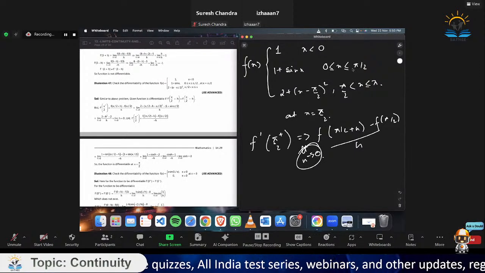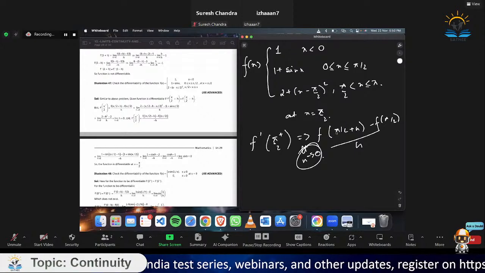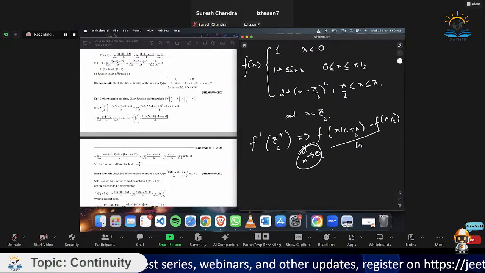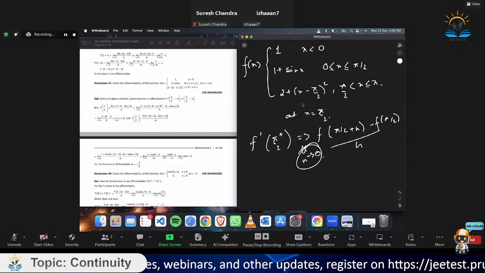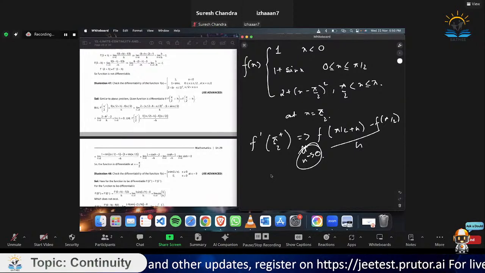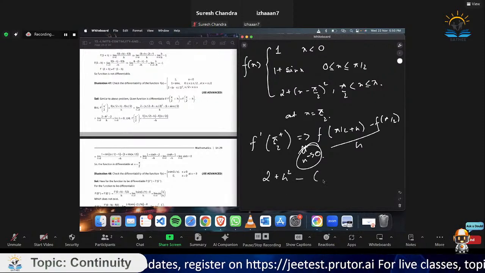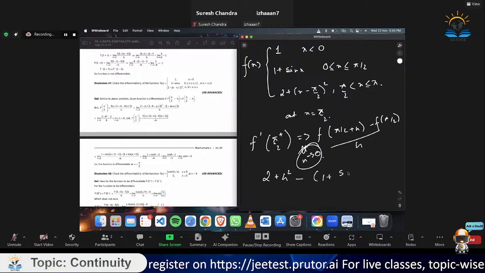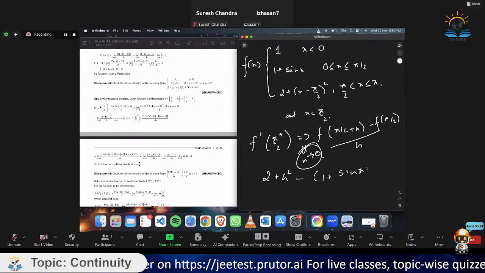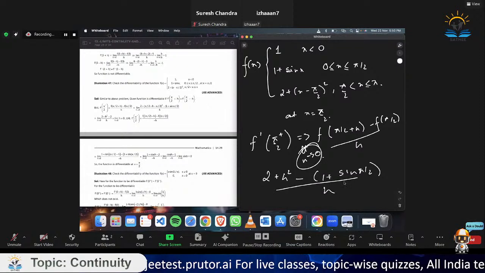Pi by 2 plus means this region. In place of x, we just put pi by 2 plus h. So it will be 2 plus h square, minus (1 plus sine pi by 2), and whole divided by h.